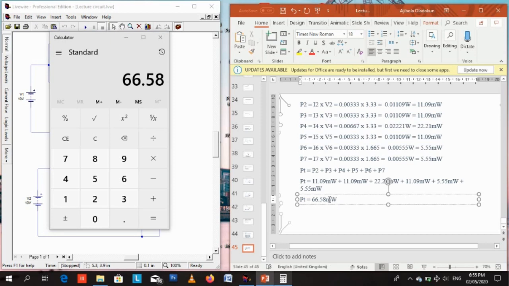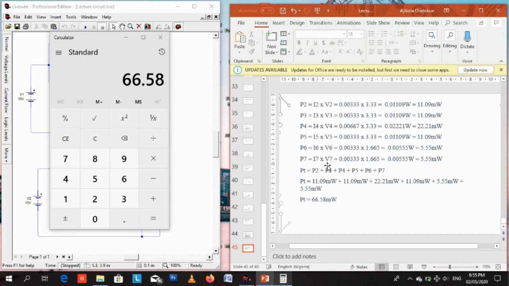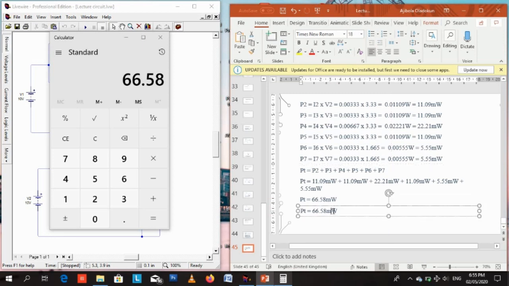So the total power supplied by the battery is the same thing as the power consumed by all the loads. The battery supplies the power to all the loads, the loads consume it.